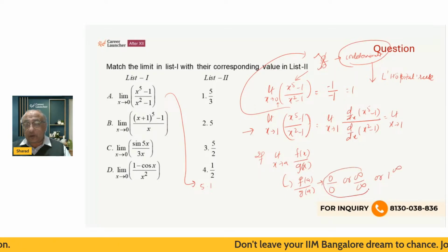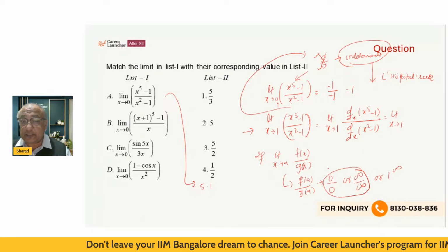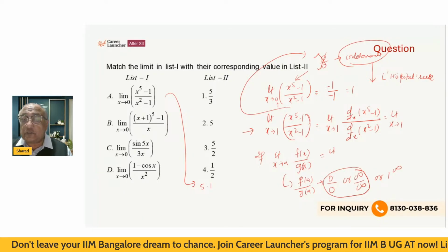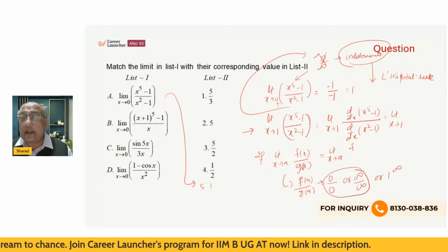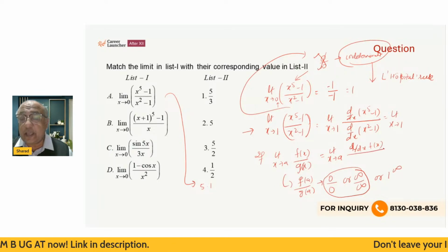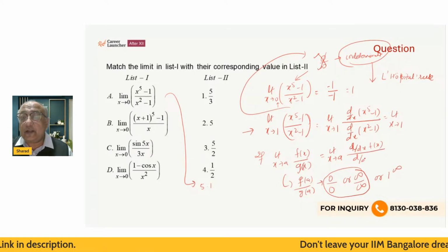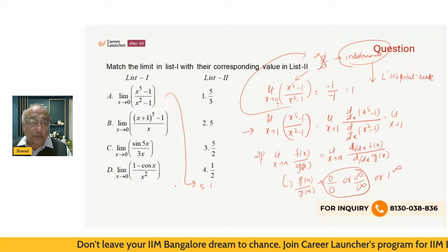If this is the form 0 by 0 or infinity by infinity, let us focus here, then this limit will also be equal to limit x tends to a, d by dx of f(x), that is, differentiate numerator separately and differentiate denominator separately. That is what I'm going to do here.